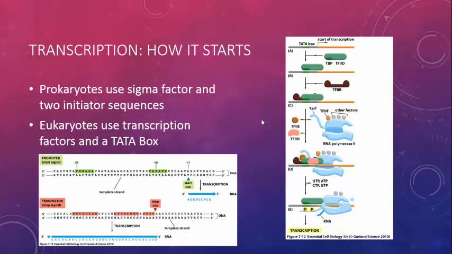They also help open the double helix and start to get the RNA polymerase started. Given the amount of information we have to cover in this chapter, I do not expect you to memorize the components of the transcription initiation complex. Just understand the basics of what the overall function is, where it happens, and why it happens.